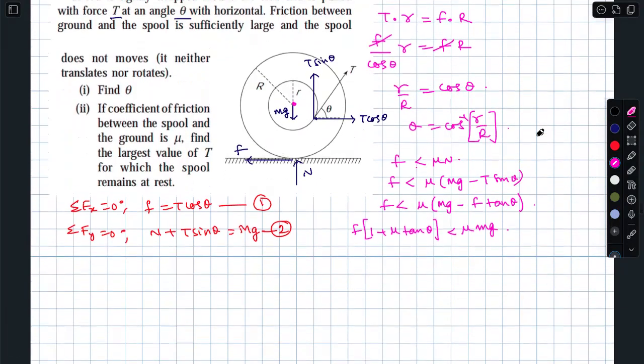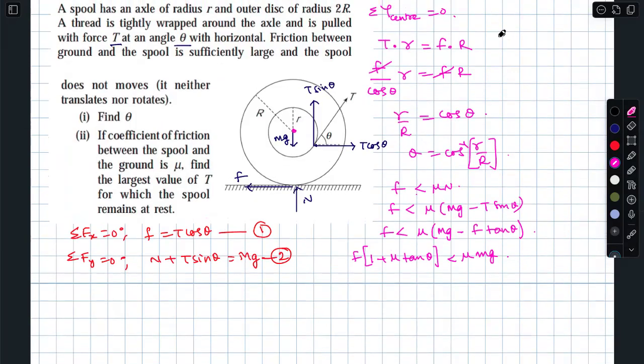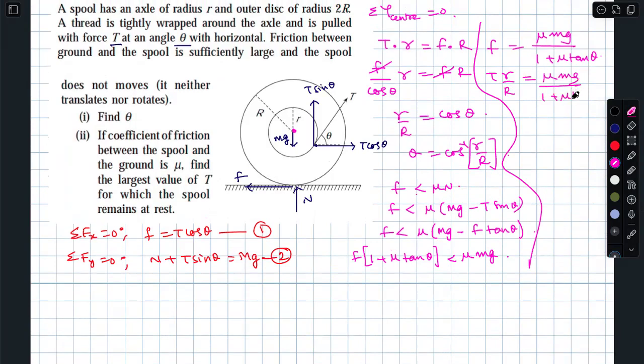Find the largest value of T. సో ఇప్పుడు ఈ ఎఫ్ అయిపోయింది కదా నాకు క్వశ్చన్ ఇది. ఎఫ్ ఈస్ మ్యూ ఎంజీ బై 1 ప్లస్ మ్యూ ట్యాన్ థీటా. ఎఫ్ ప్లేస్లో ఏం రాసుకోవచ్చు, టీ స్మాల్ ఆర్ బై క్యాపిటల్ ఆర్ మ్యూ ఎంజీ బై 1 ప్లస్ మ్యూ ట్యాన్ థీటా. So T is capital R by small r mu mg by 1 plus mu tan theta.